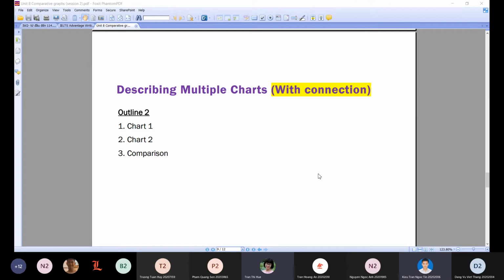To make sure that you all remember the organization of ideas when you have to describe more than one graph, can you please open the meeting chat and type the two patterns to organize the ideas? I just want to make sure that you know what to do with multiple graphs.